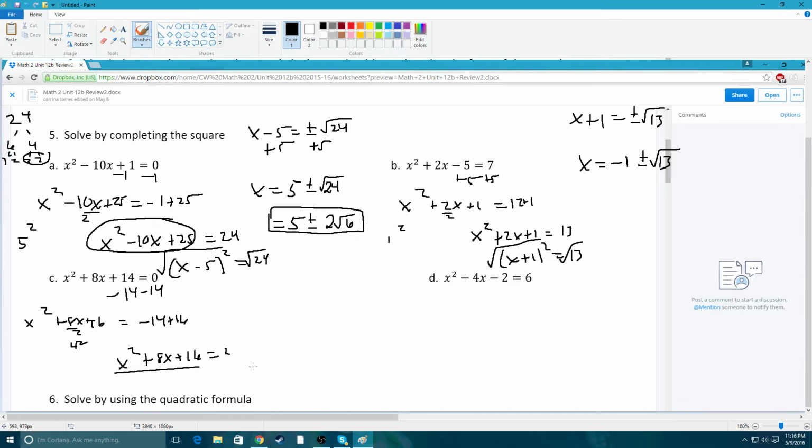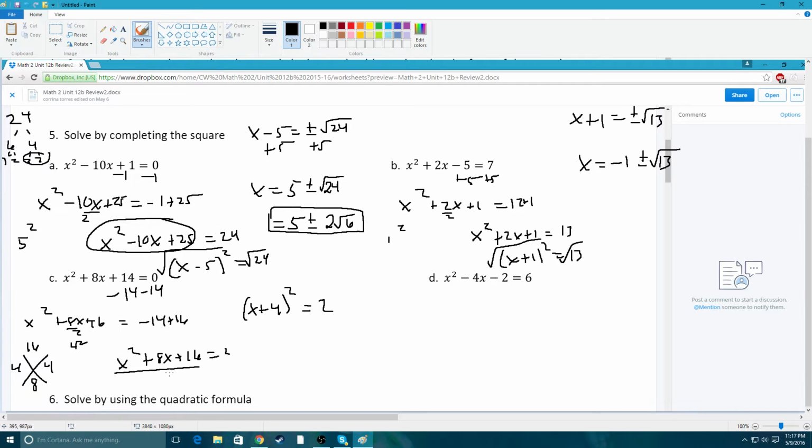We're going to factor this. So this becomes x plus 4 squared equals 2. The way that I know it's x plus 4 without doing any work, you could factor it: 16 on the top, 8 on the bottom, 4 and 4. You could do that if you want.